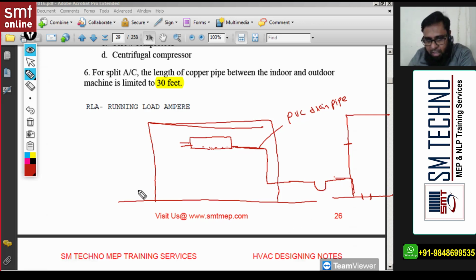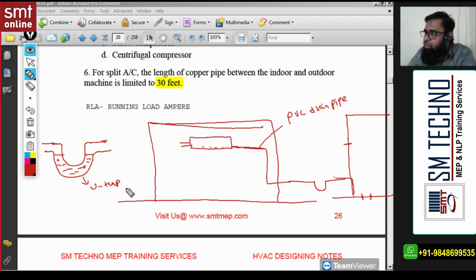And the U-trap, I'll draw the detail here. A U-trap is simple. A loop like this. This single line is a double line, and always water is present in this. And this is called a U-trap. So U-trap for what?